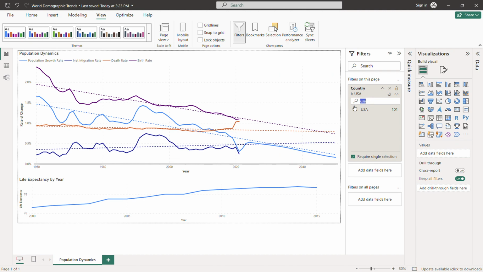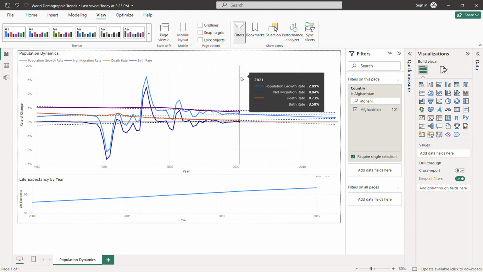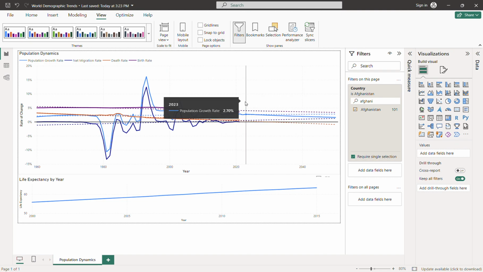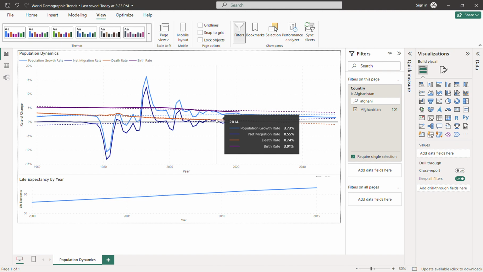Let's look at a country like Afghanistan, which has a notoriously high birth rate. In this case, you see that the death rate and the birth rate are pretty much static.